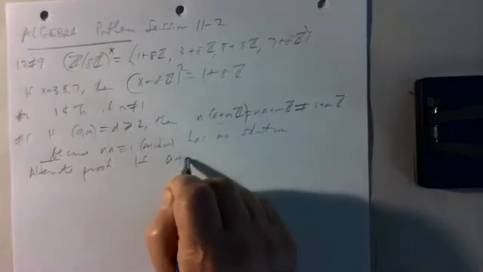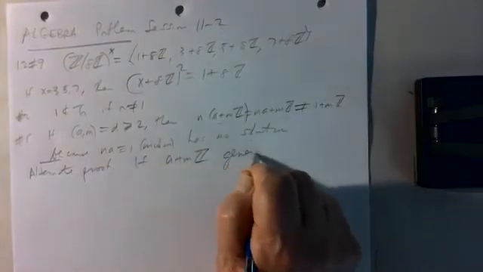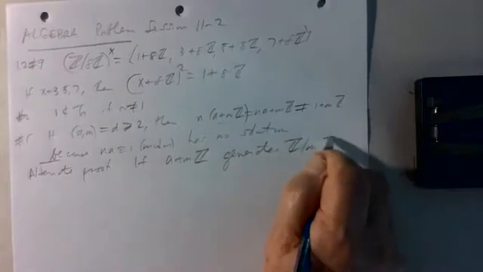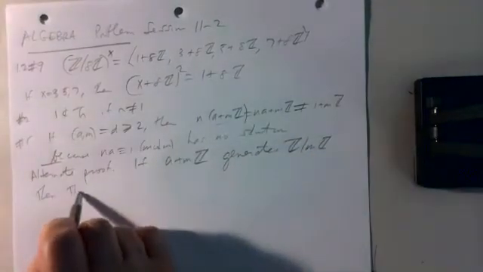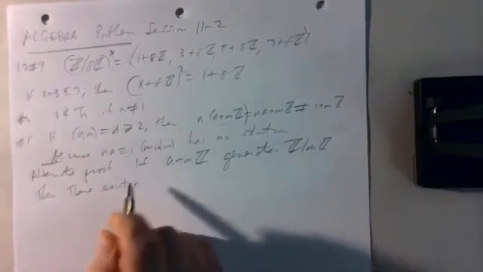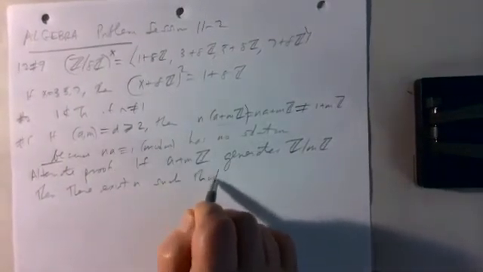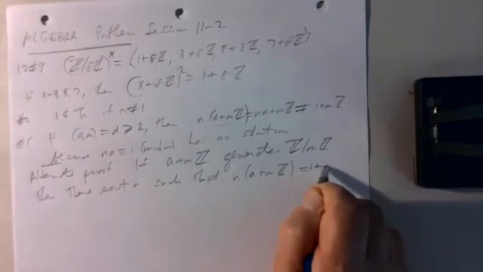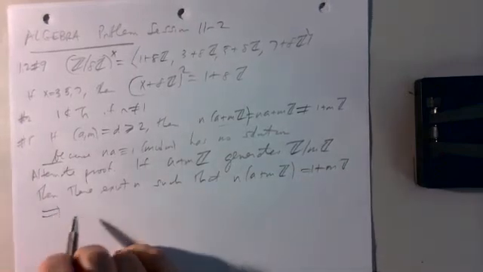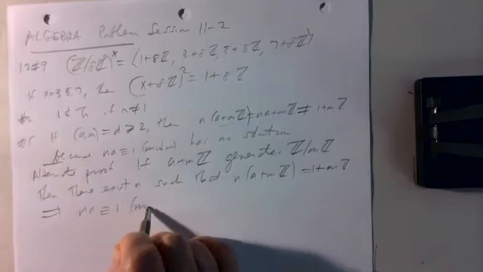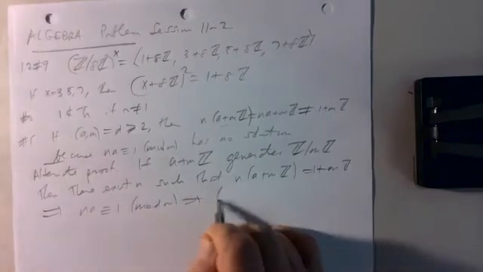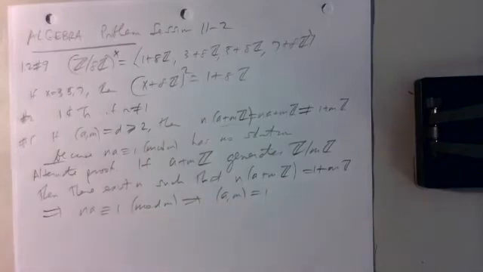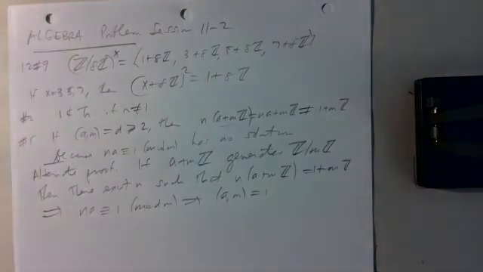If a plus mz generates this whole group, then there exists an integer n such that n times a plus mz is 1 plus mz, which means that na is congruent to 1 mod m, which means a and m must be relatively prime, because 1 is divisible by the greatest common divisor of a and m. So that's an alternate way to do it.